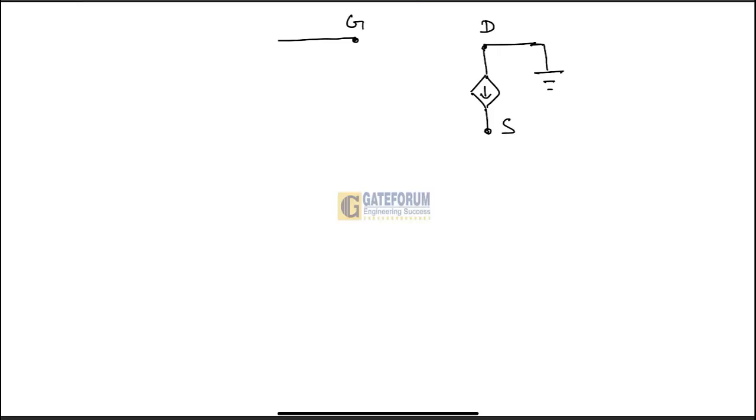As per the circuit, from gate terminal to source terminal there is one capacitor connected, which is called C1, so we connect it here. From source to ground there is also one more capacitor connected, which is called CL.